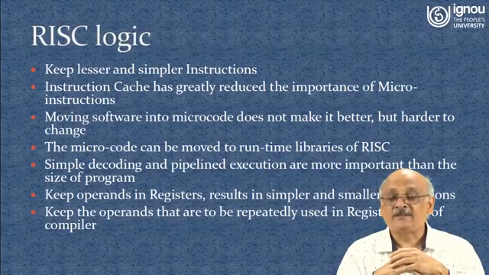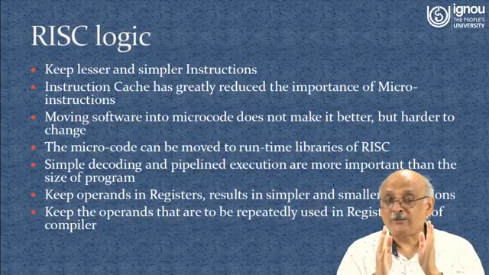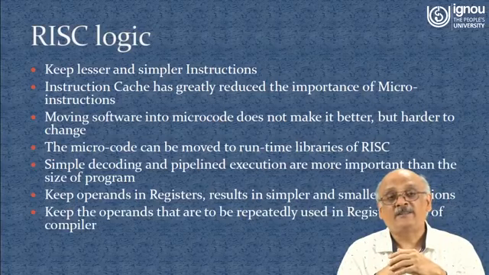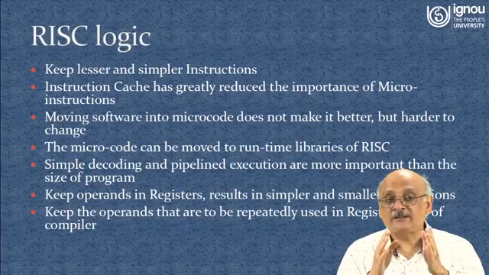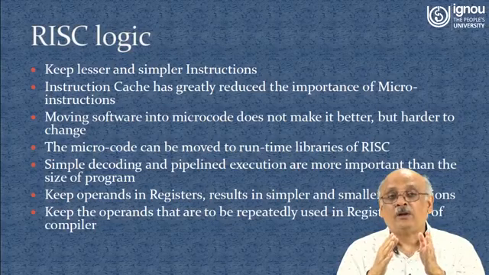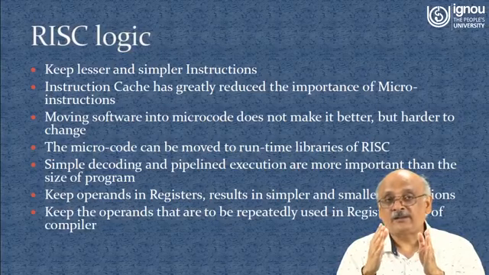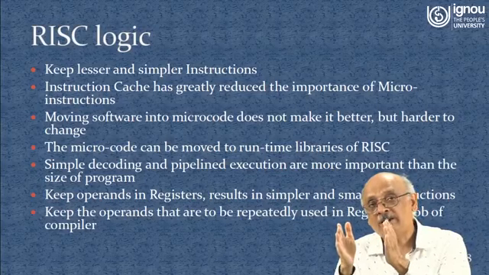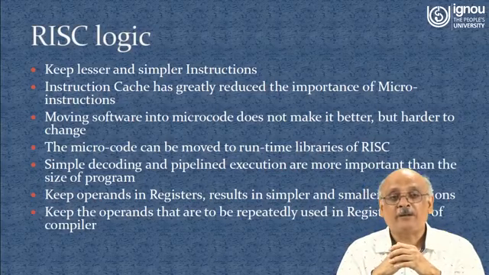Keep operands in registers. Register operands, you know, are the fastest, right? So keeping operands in registers results in simpler and smaller instructions. If I use register operands, I'll have simpler and smaller instructions, okay?